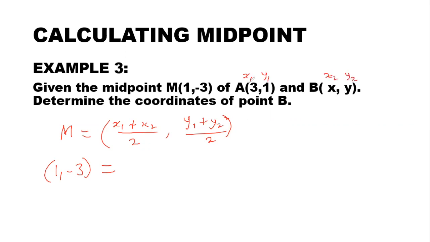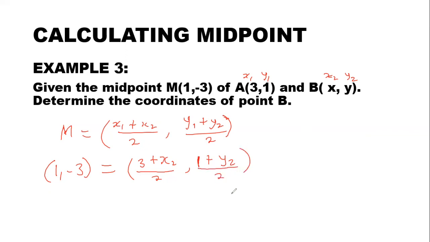So I come here, my x1 is known, so I put 3 there. x1 is 3, plus x2 is not known, so I write x2, or you can just write x in this case, all over 2, comma, my y1 is known as 1, plus my y2 is not known, all over 2.